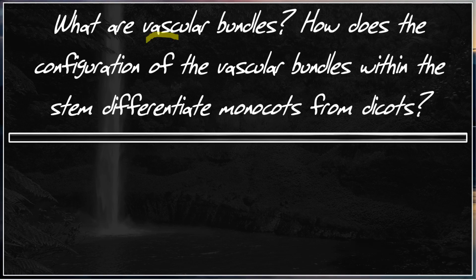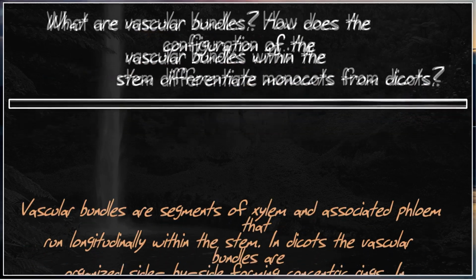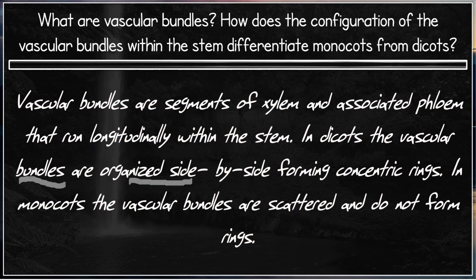What are vascular bundles? How does the configuration of the vascular bundles within the stem differentiate monocots from dicots? Vascular bundles are segments of the xylem associated with the phloem that run longitudinally within the stem.